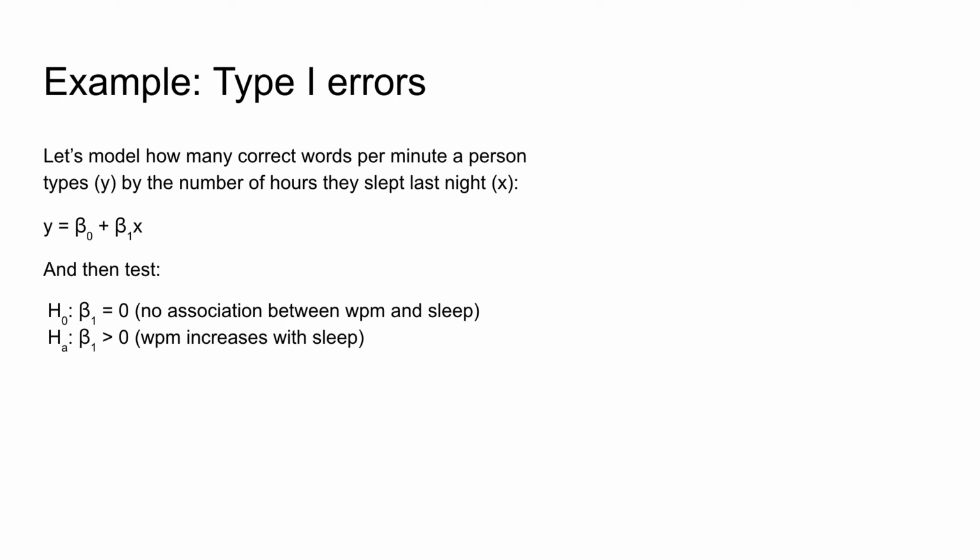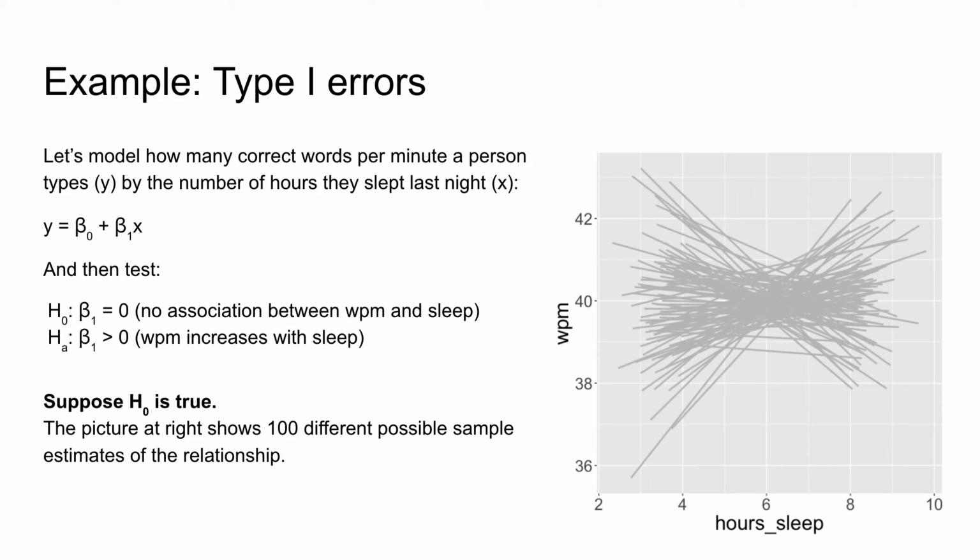Of course, different samples will produce different estimates of this model. For example, suppose that the null hypothesis is true. There's actually no relationship between typing speed and sleep. The picture at right shows 100 different possible sample estimates of the relationship that we might observe in this scenario.